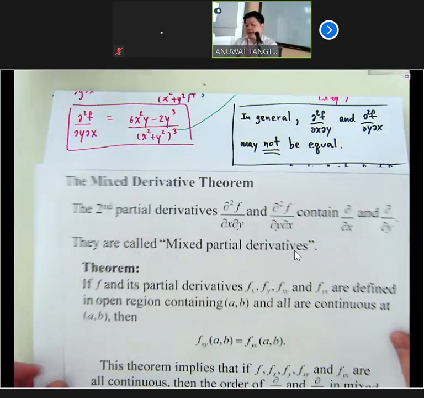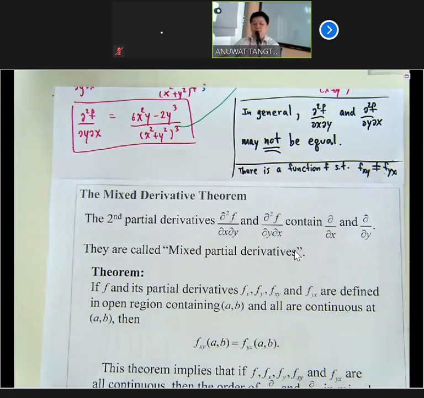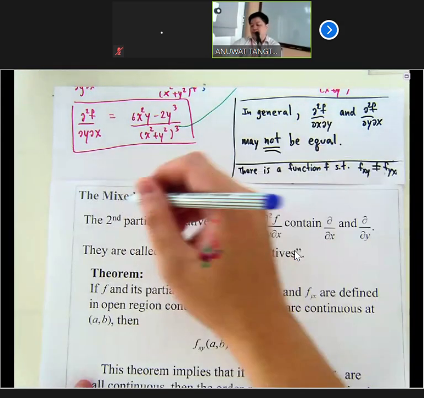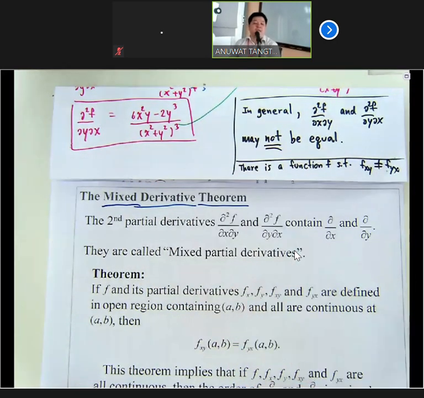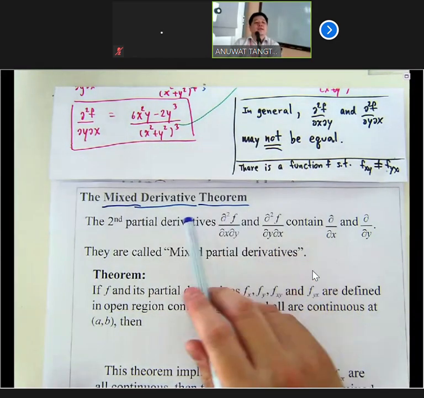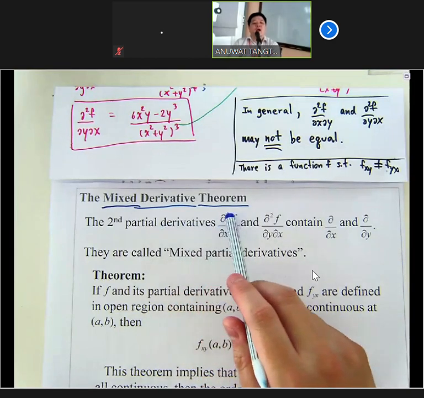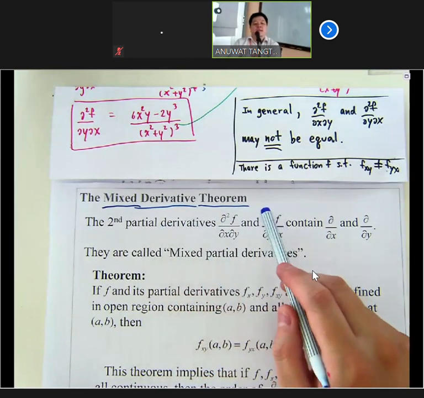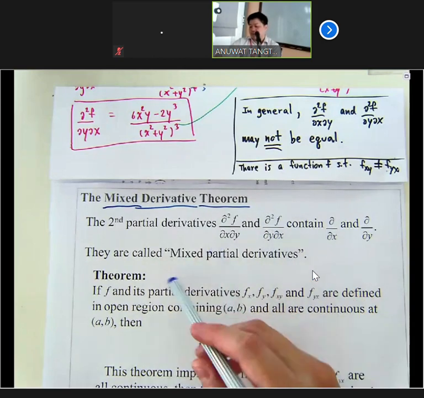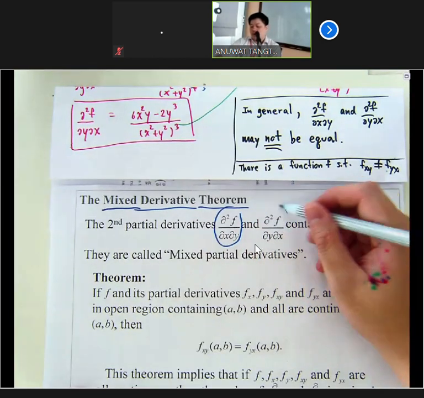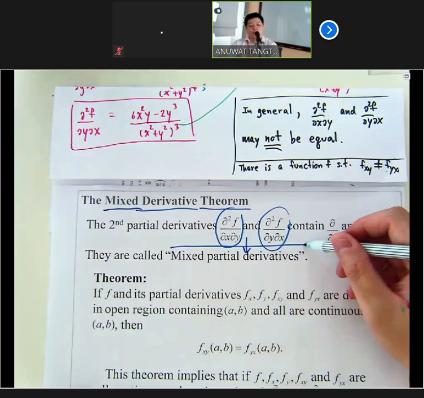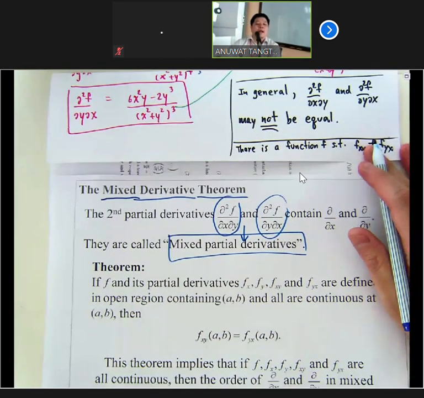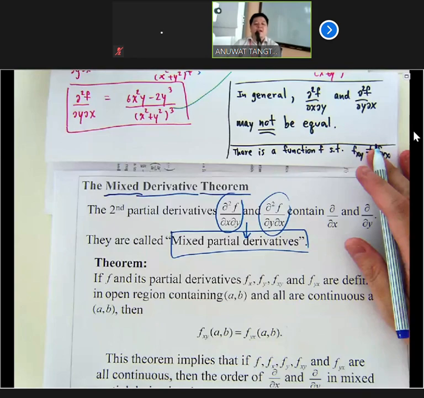In general, they might not be equal, and that is the reason why we need a theorem to guarantee the equality of the mixed partial derivatives. Note that the second order partial derivatives, d square f by dx dy and d square f by dy dx, are called mixed partial derivatives. So the theorem guarantees the equality of fxy and fyx.